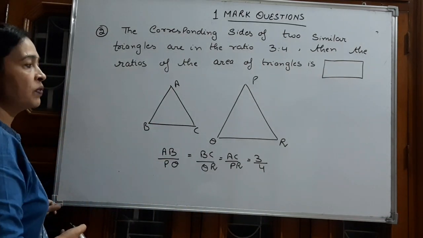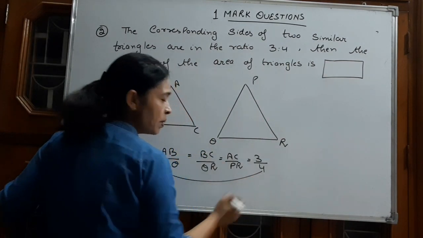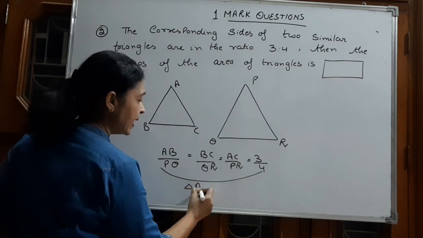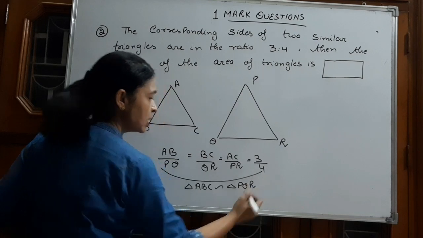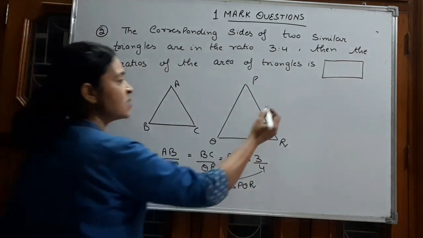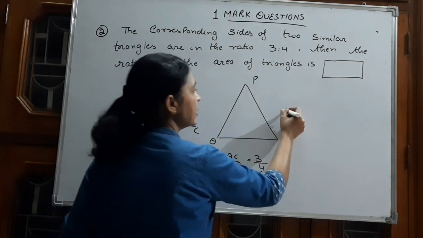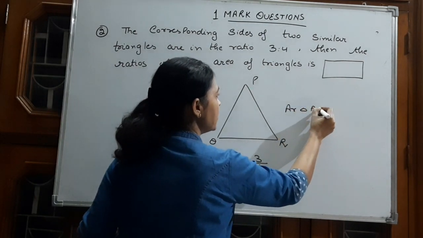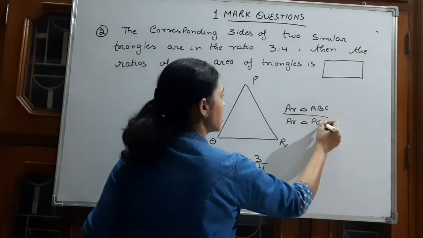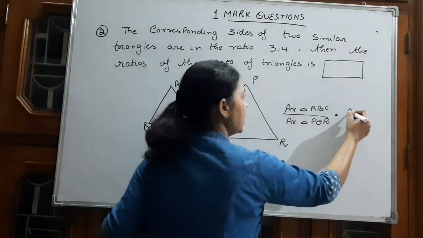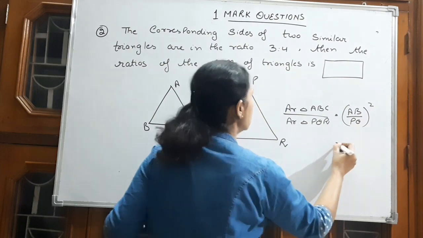What we have to find? We have to find the ratio of their areas. Since all the sides are proportional, triangle ABC is similar to triangle PQR. As per the area ratio theorem, if two triangles are similar, then area of triangle ABC upon area of triangle PQR will be AB upon PQ whole square.